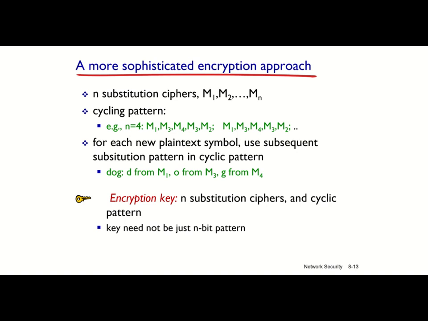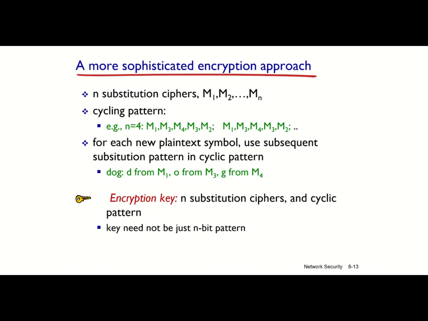So this way, you cannot simply break the encryption like the monoalphabetic cipher, because in this case, you cannot apply the frequency analysis and, for example, say the most frequent letter must be mapped to S, because here we don't have one single substitution cipher. We have n different substitution ciphers, and they are applied on the plain text in a cycling pattern.